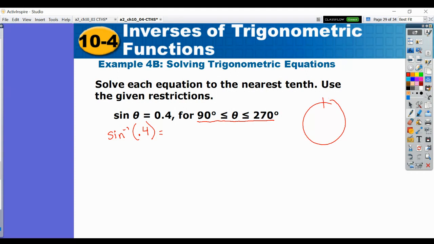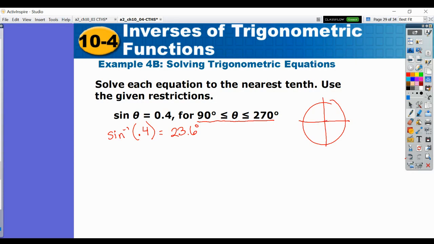So on our unit circle, I got the sine of 0.4 was 23.6 degrees.